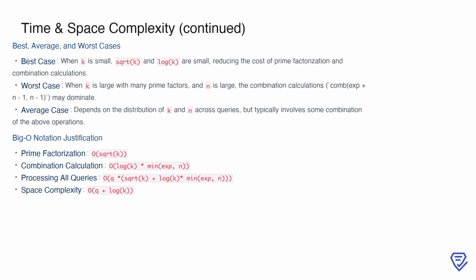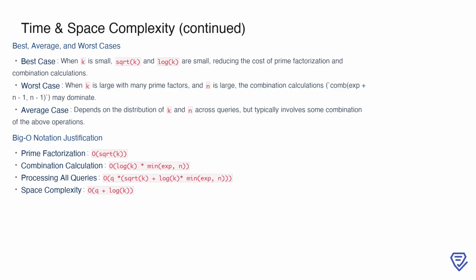Finally, let's analyze the best, average, and worst cases for this solution. In the best-case scenario, when k is small, the operations for prime factorization and combination calculations are minimal. Here, both sqrt(k) and log k are small values, leading to a lower computational cost.